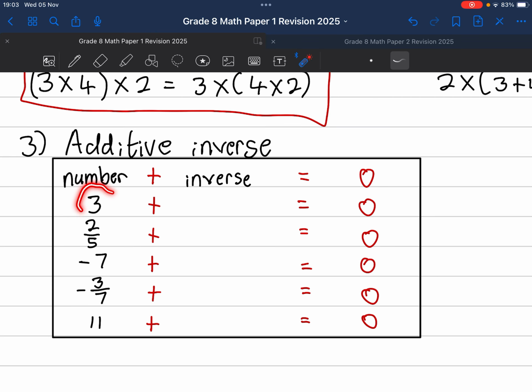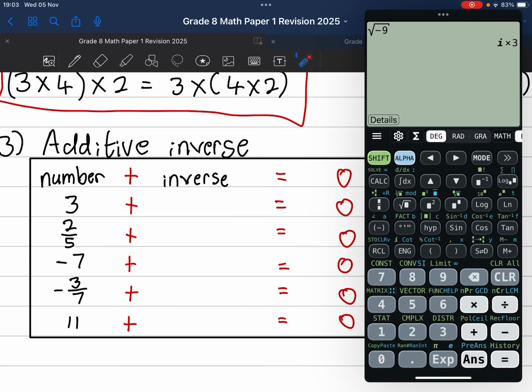So if you choose any number, you have to add a specific number which is called the additive inverse, and the answer will be 0. So let's think about this. 3 plus something should equal 0. So most people can say, okay, 3 minus 3 would give you 0, and that is correct. So 3 plus negative 3 would give you 0. That would make the additive inverse of 3 negative 3.